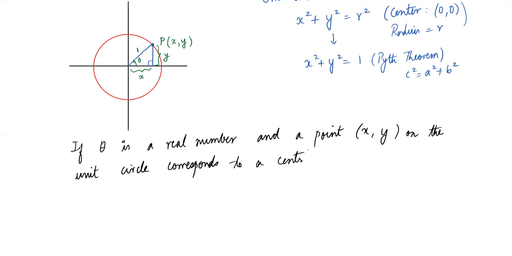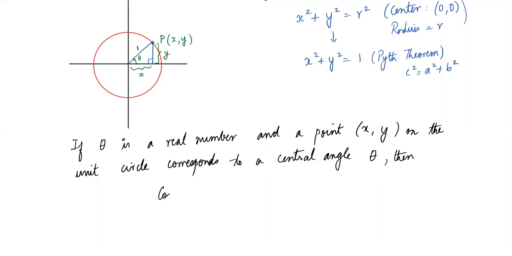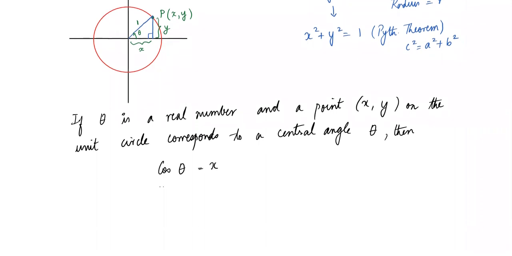Because that's where the angle is. It's made at the center of the circle, but inside the triangle. Then cosine theta is x and sine theta is y. It's defined that way.